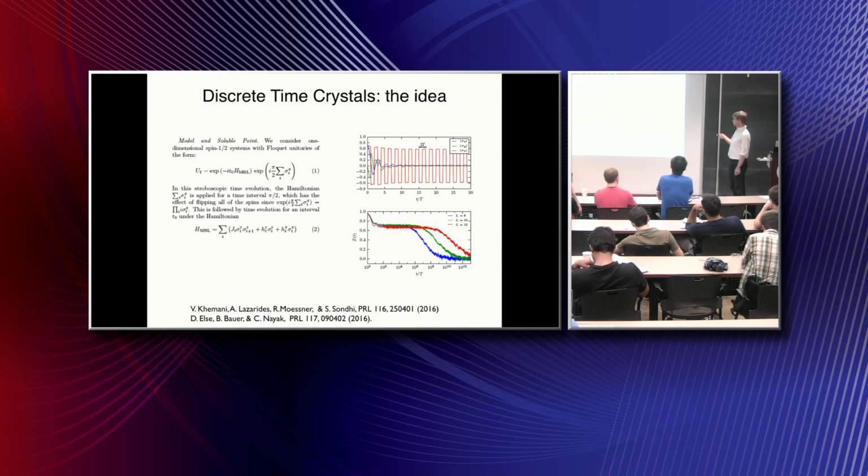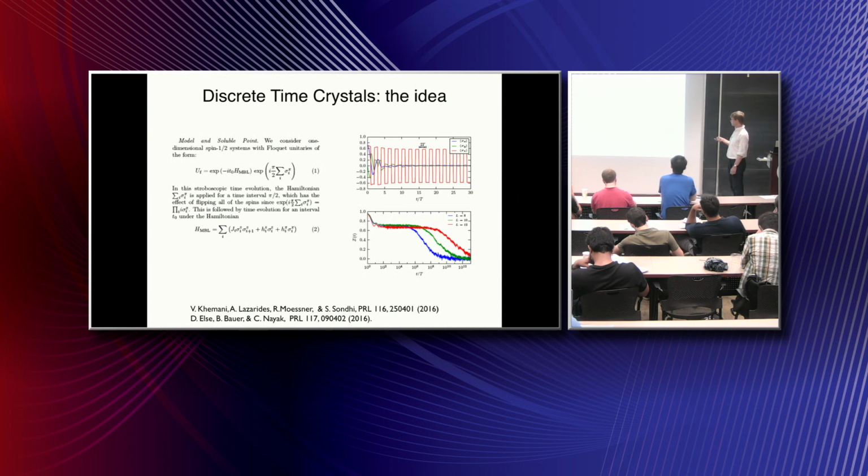Each of them consists of a rotation of the spin around the x-axis, followed by application of this interaction Hamiltonian, which, as the name suggests, should correspond to a many body localized phase.